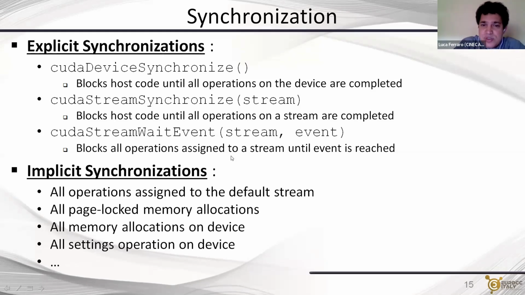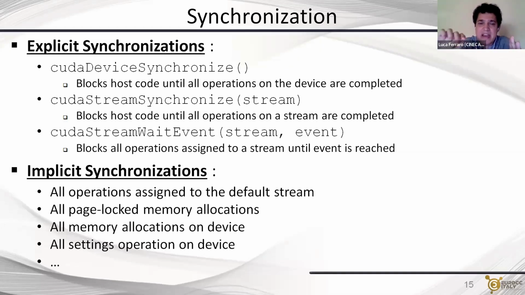You can also use CUDA events, which are simple flags that can be put in the code. In general, they are used to measure regions of code, but they can also be used to spot particular points in the code, and you can refine your explicit synchronization with respect to a stream and a particular point in the code.